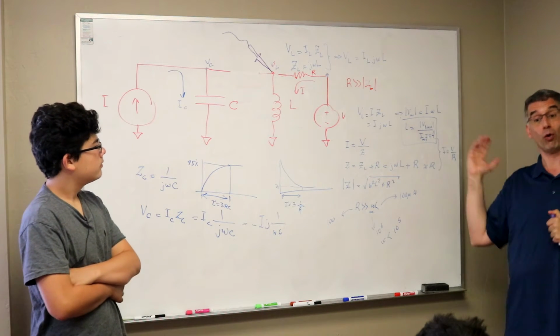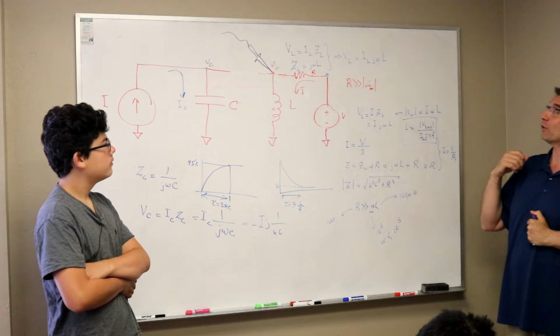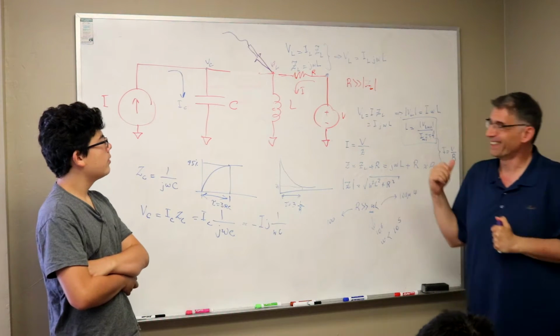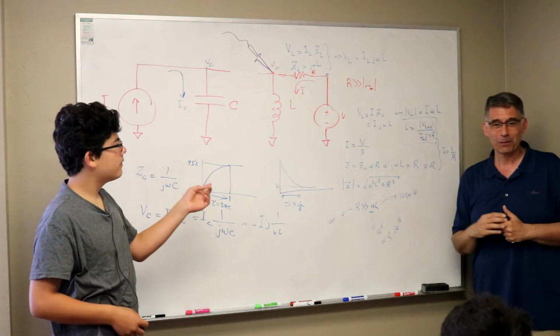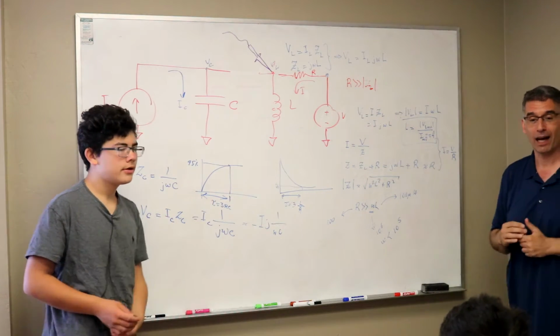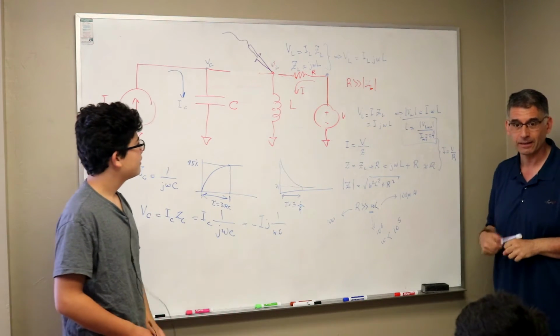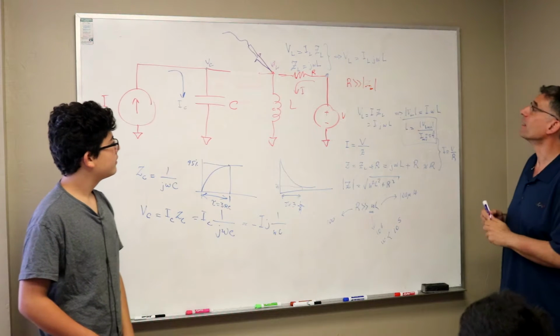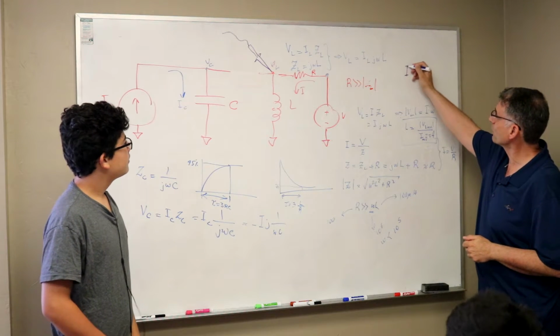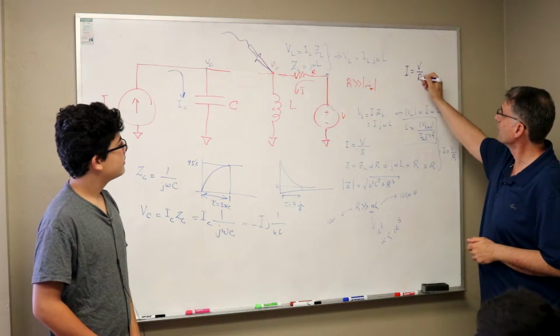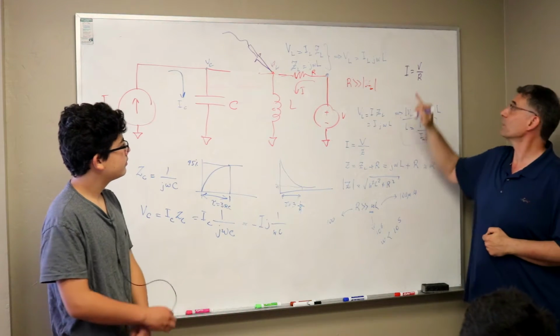So walk me through the whole thing, right? We just do I equals V over R. We don't even look at ZL in this case. So this V is what?